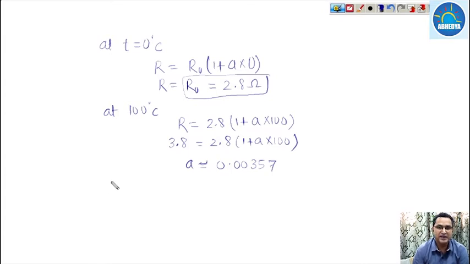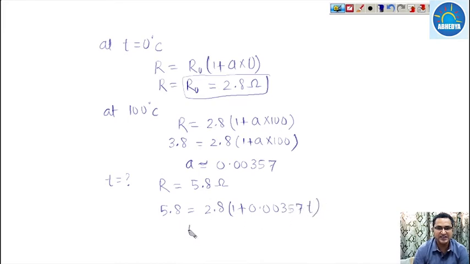Now you have been asked to find the temperature when R is 5.8 ohm. So put the value: 5.8 is equal to R naught, 2.8, (1 + 0.00357 T).